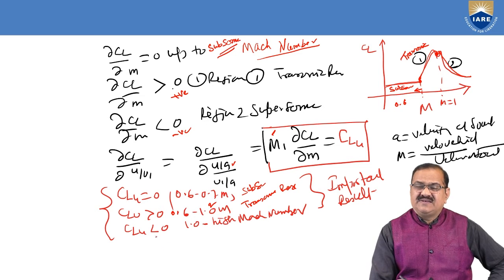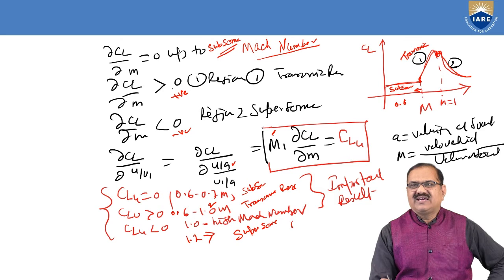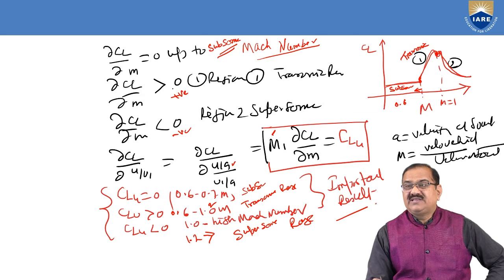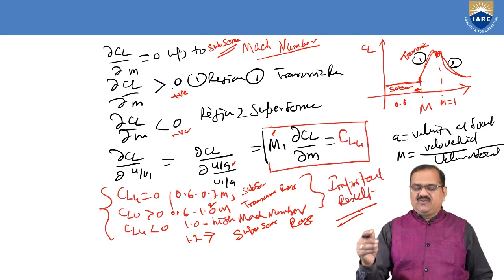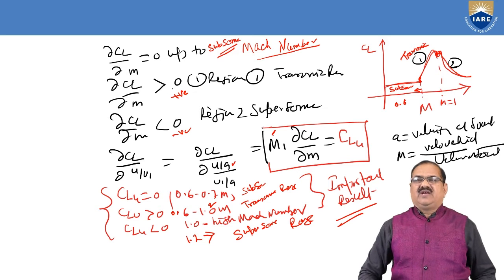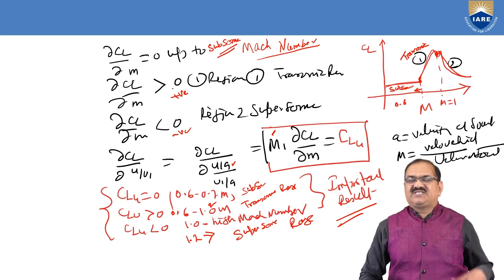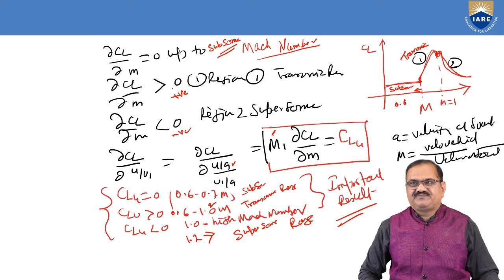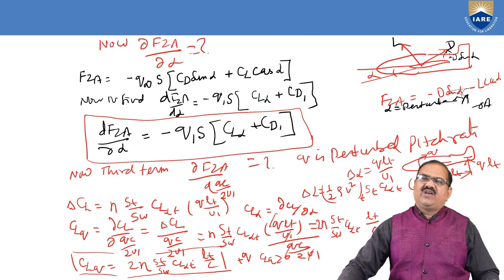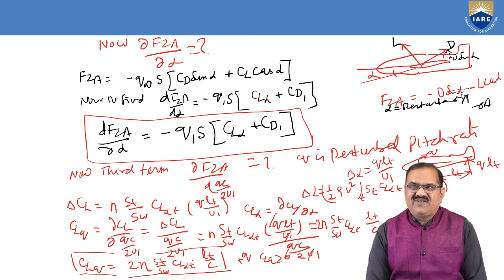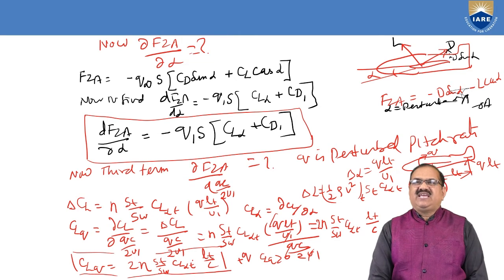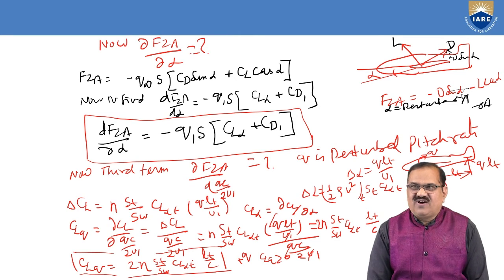And if CLu is less than 0, so 1.2 to a higher value, it is the supersonic range. So this CLu gives a very important physical interpretation of the aircraft, and shows which Mach number the aircraft is at. Now we have to see the next derivative, which is ∂Fz/∂α.